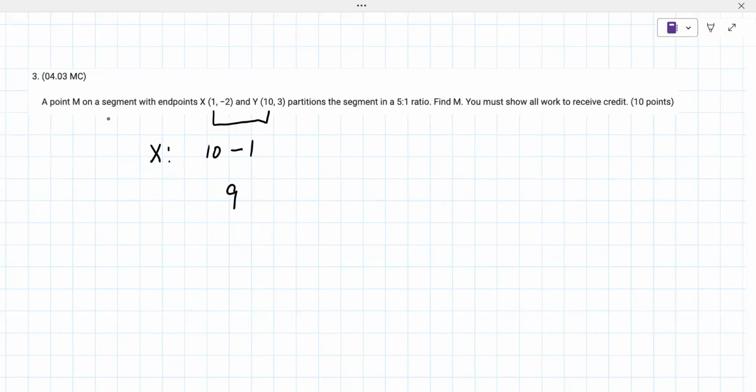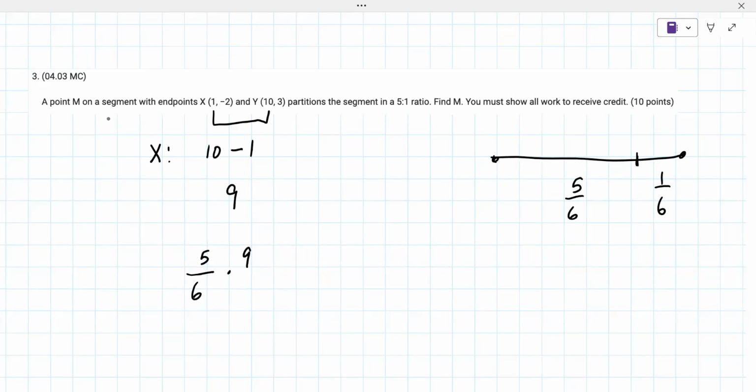Now, a 5:1 ratio means, if we draw a little picture here, 5/6 and 1/6. So that means we want 5/6 of 9, or 5/6 times 9/1.